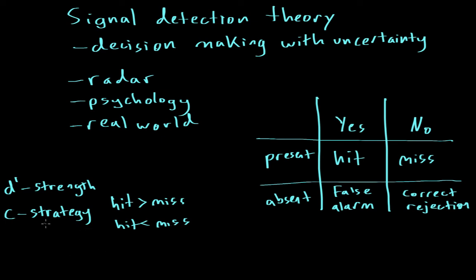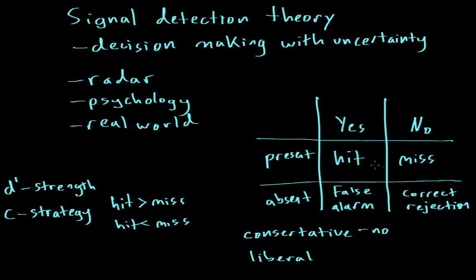There are two big strategies. You could either have a conservative strategy or a liberal strategy. If you have a conservative strategy, you would always say no unless you're 100% sure that the signal is present.